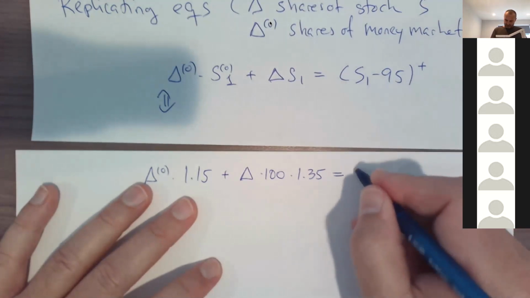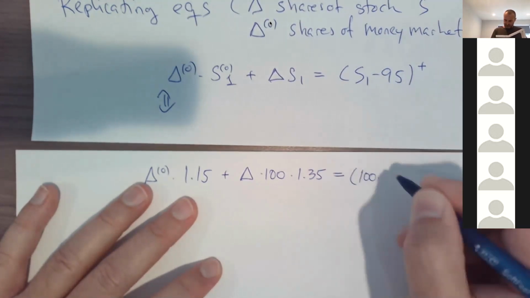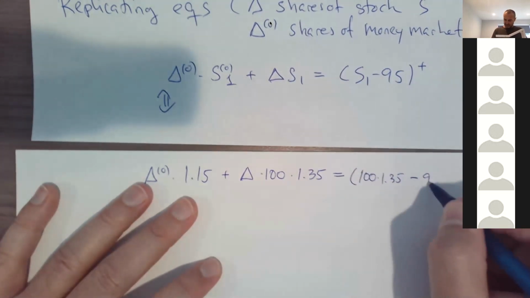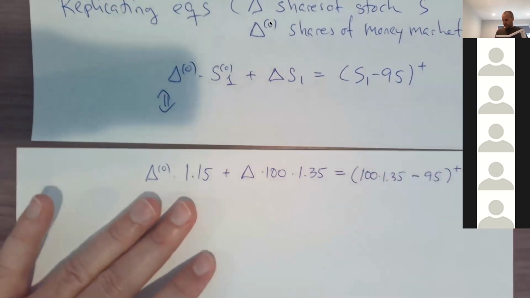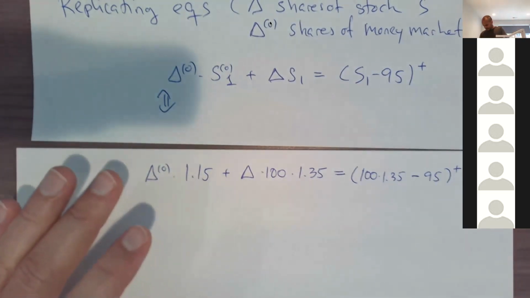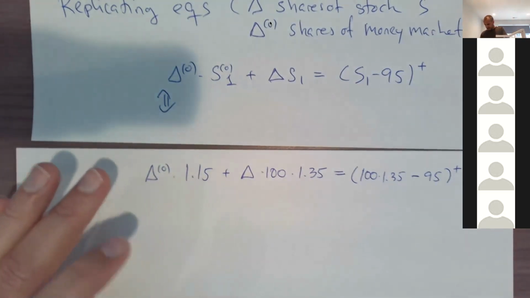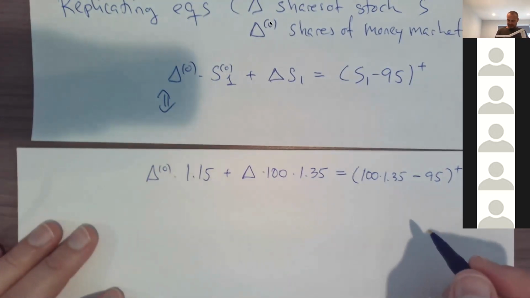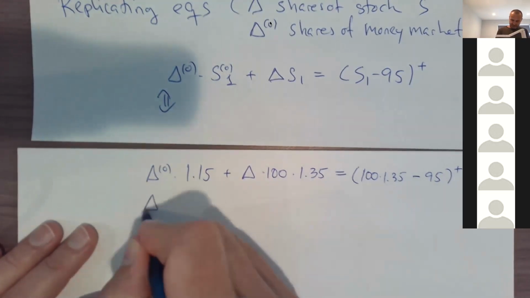So here I'm going to have 100 times 1.35 minus the 95. This was the upstate situation, and then we do the downstate.